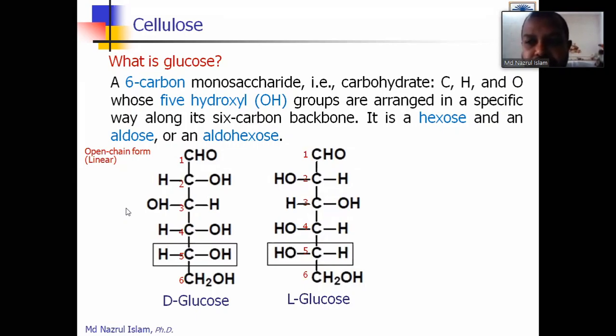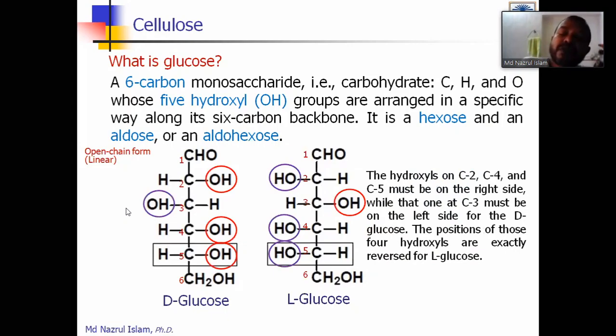But both are glucose because they are made from C6H12O6. Because of the position of the hydroxyl functional group in 2, 3, 4, and 5, remember that, 2, 3, 4, and 5, but carbon 1 and 6 are the same, sometimes we say D-glucose and sometimes L-glucose.